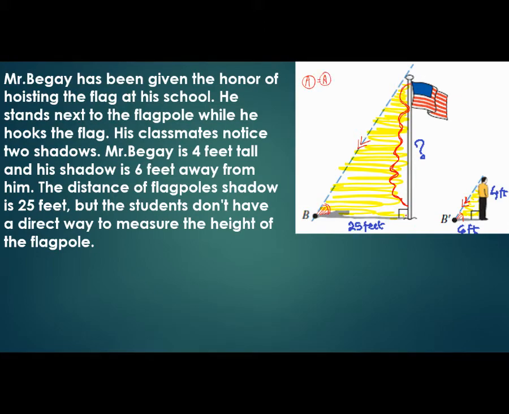And the second one is here, 90 degrees. This is perpendicular, and Mr. Bigay is standing perpendicular to the ground, therefore 90 degrees equals 90 degrees, so angle equals angle. So by similarity, these two triangles are similar.